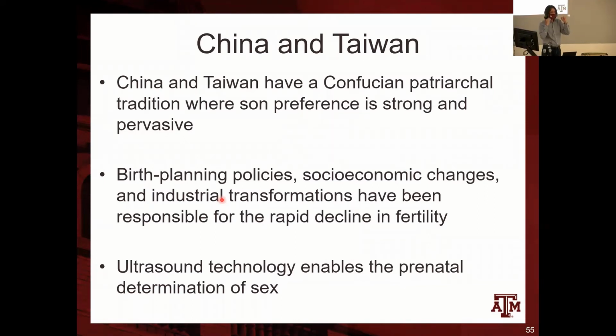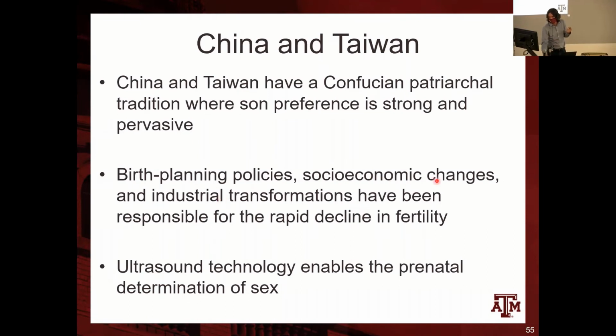But exactly because of that pressure of not letting people have a lot of children, if Chinese women were pregnant with a girl, the couple would decide to perform an abortion, mostly if that was the first child. But not just the birth control, the family planning program or birth planning policy had an effect.